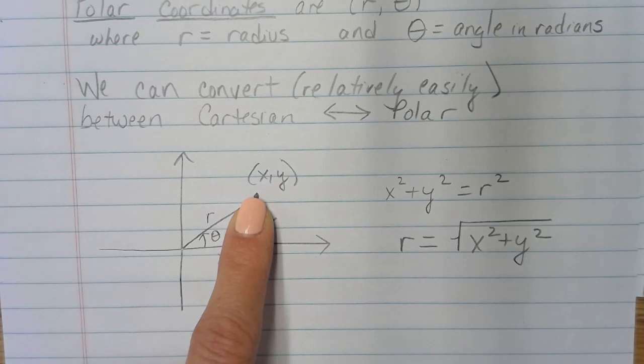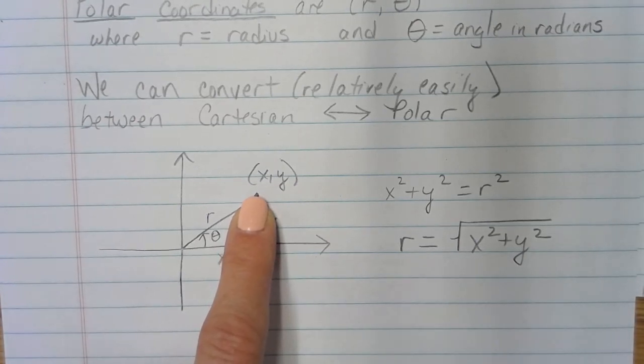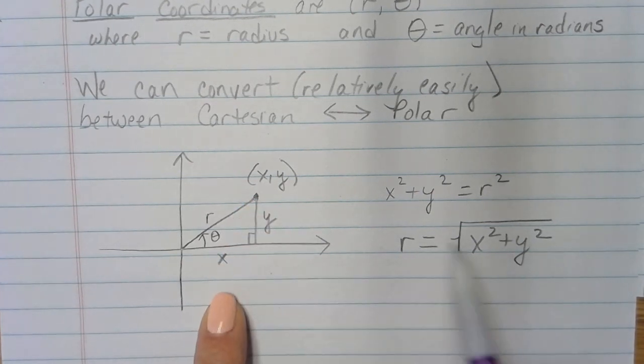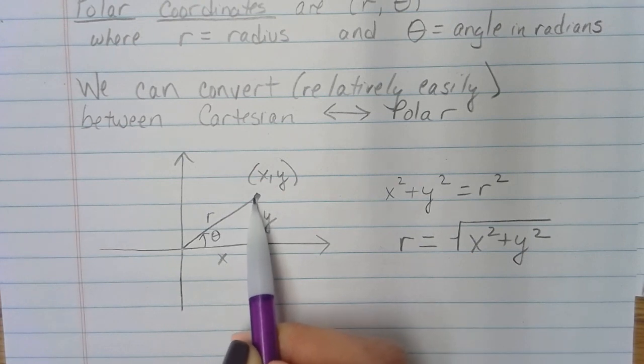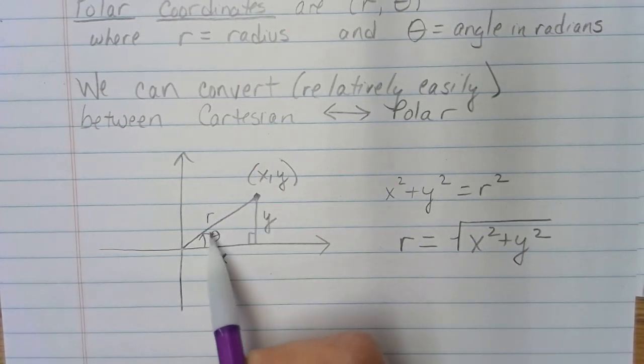Well, we need the second half of our polar coordinate. We need the theta. If I want to go from Cartesian to polar, I got my r, I need my theta. I come back to this right triangle picture, and I see theta, and I know x and y because I was given the point. Theta is an angle in a right triangle, and I'm going to break out my good old friend SOHCAHTOA.